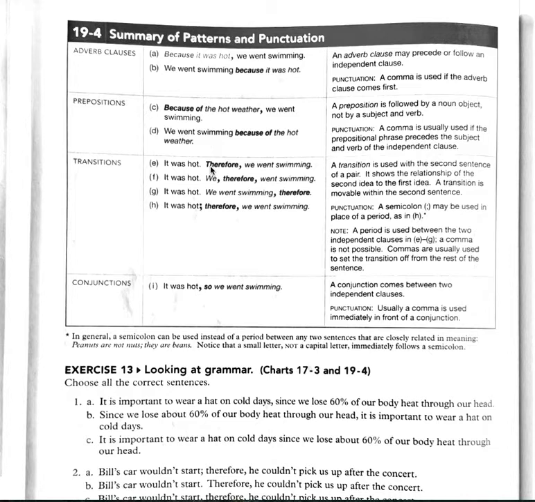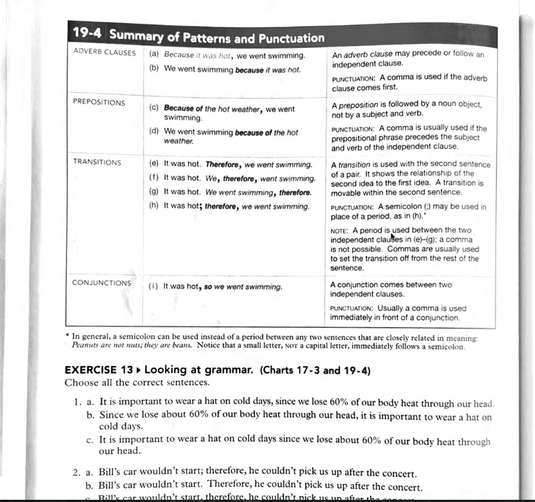Okay? The transition is used with the second sentence of a pair. It shows the relationship of the second idea to the first idea. The transition is movable within the second sentence. Punctuation. A semicolon may be used in place of a period as in letter H. So here, you may use a semicolon instead of a period.